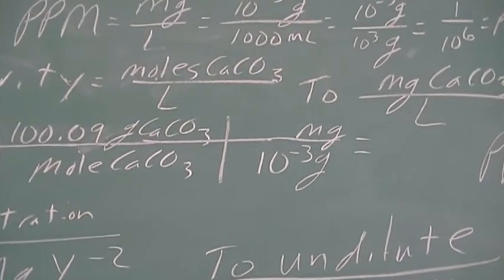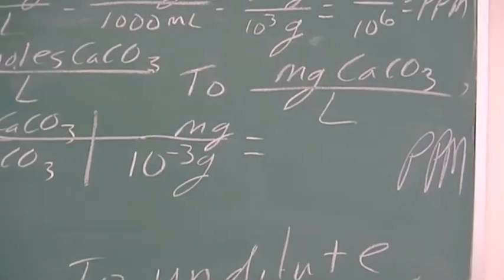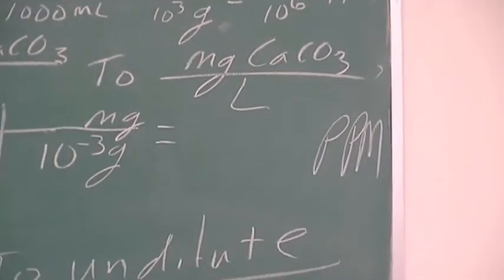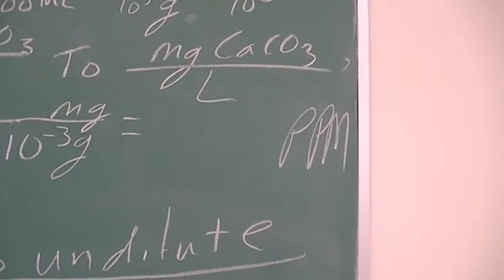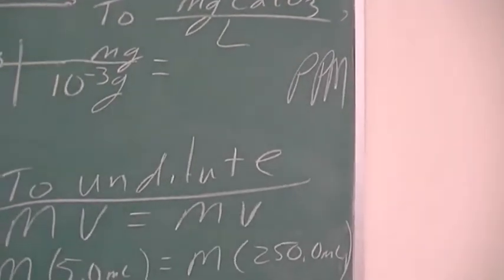We are just converting the units. We are not doing anything else, just converting the units from a gram to a milligram, not changing the actual amount, just changing the units. And that number is going to be your answer for your hard water, ppm.